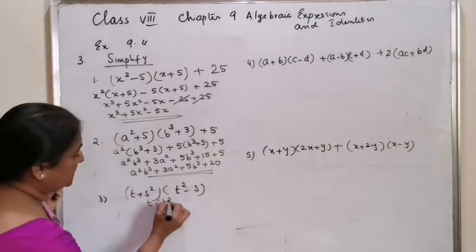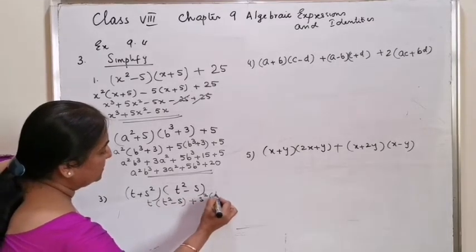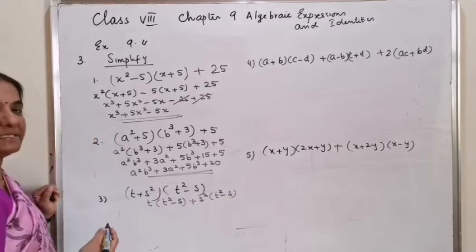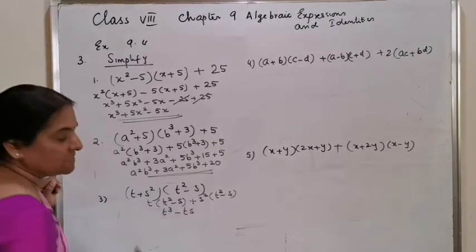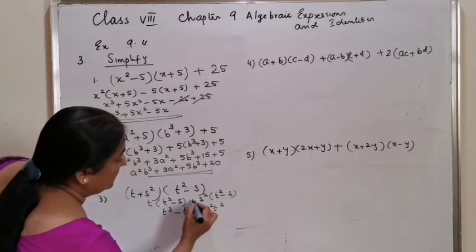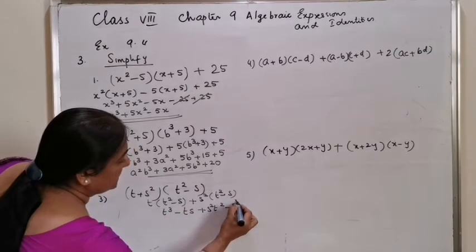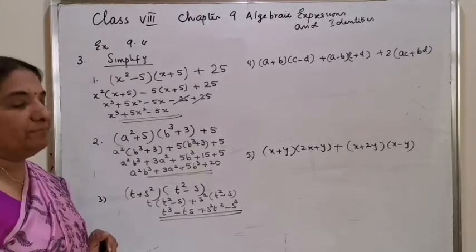T into t square minus s plus s square into t square minus s. T into t square is t cubed minus ts plus s square t square, plus into minus is minus s cubed. All the terms are different.